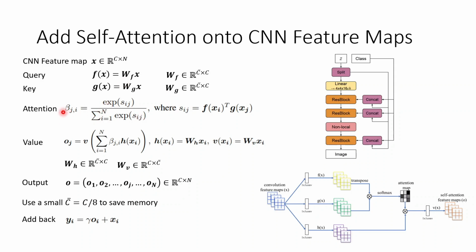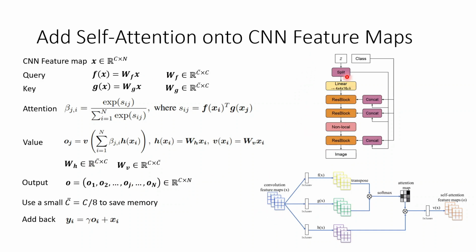Then it can be viewed as weights, and the weights are applied to the value. V is the value here. This adjusts the vectors or matrix.